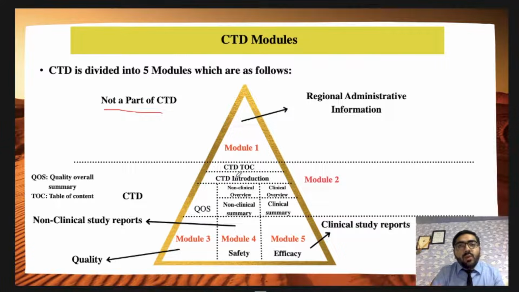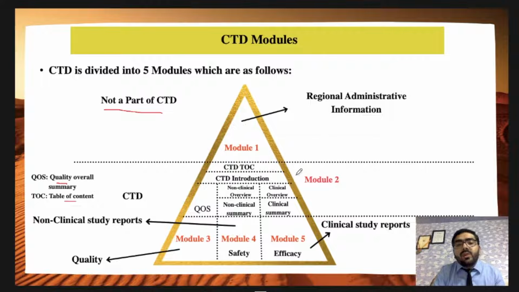It contains the CTD table of contents, then the CTD introduction, like the common technical document introduction, then the quality overall summary, and then non-clinical overviews, non-clinical summary, clinical overviews, and clinical summaries. Okay, so QoS is quality overall summary and TOC is table of contents.